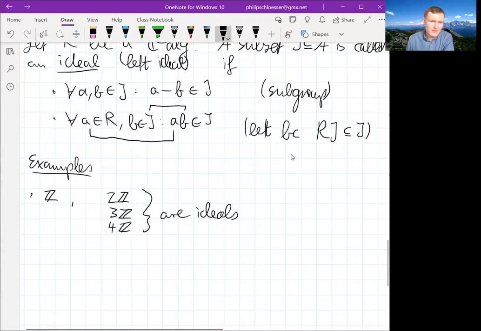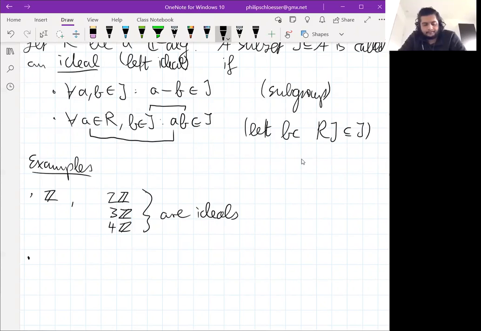And this is a very important thing that we wouldn't have in fields, because in fields everything is always divisible by everything else except for 0. So this is something native to rings.